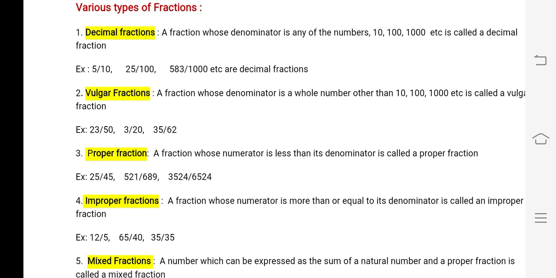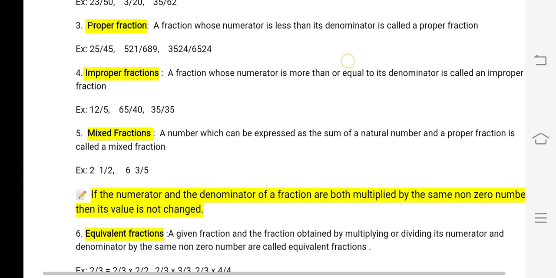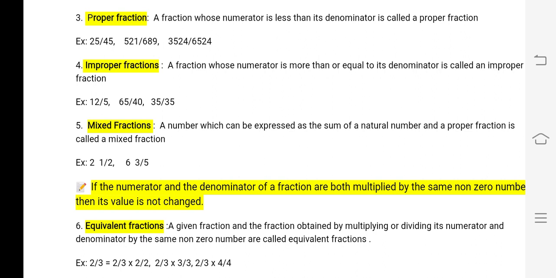That means the numerator will be smaller than the denominator. These fractions have a value always less than 1. Look at the given examples.